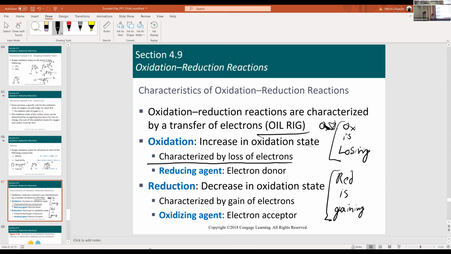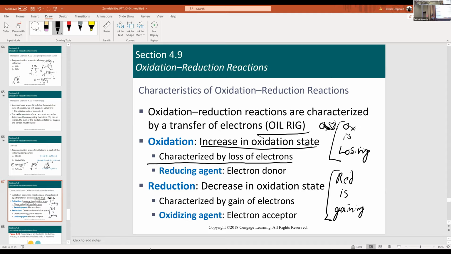It goes more positive. So it increases in oxidation state. That makes sense, right? If you oxidize something, it should increase the oxidation state. And that's a loss of electrons. You're losing negatives, in other words, gaining positives.